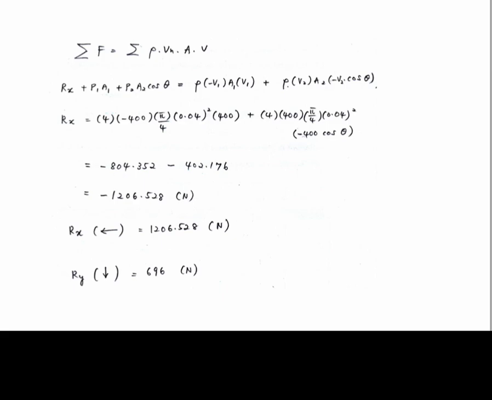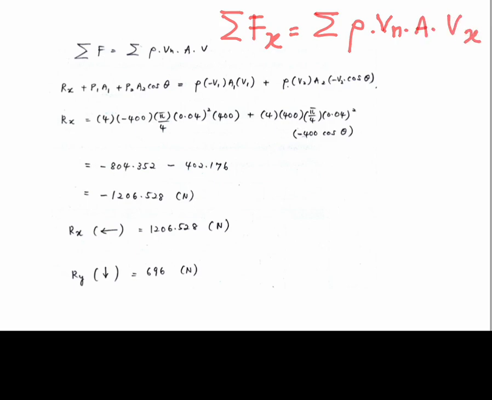Okay, so in some textbooks, they will write particularly about x and y direction. So maybe they could write sigma of Fx is equal to the total sigma of rho Vn A Vx.